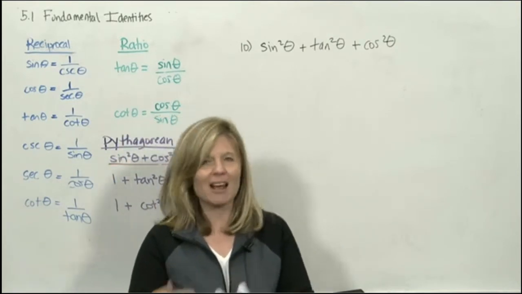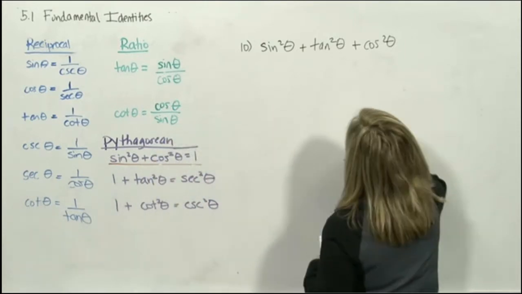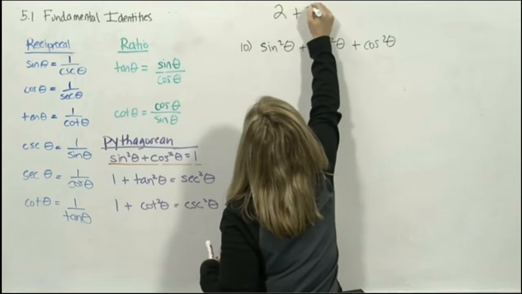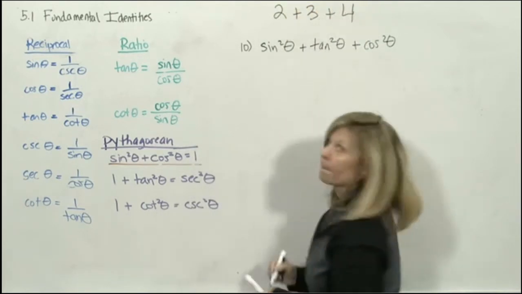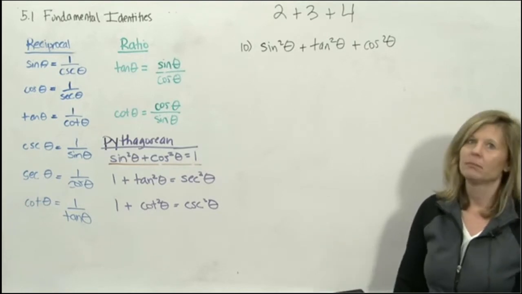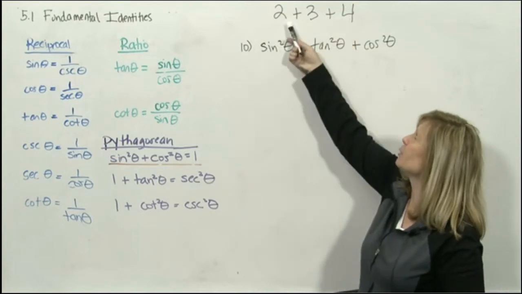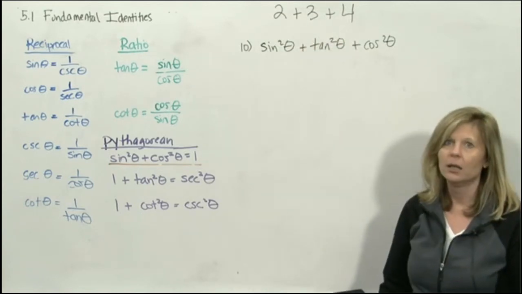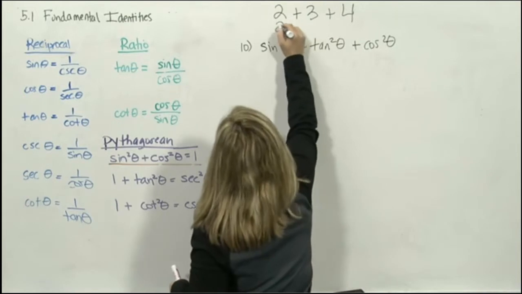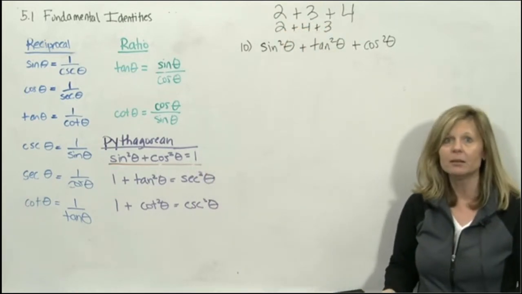You've got to realize everything we do in trig is related to arithmetic. If I wrote this on the board, 2 plus 3 plus 4, would you have to add those numbers in that order? Absolutely not. You could say 2 plus 3 plus 4, and you would get 5 plus 4 is 9. But can't you rewrite this and say 2 plus 4 plus 3, and it mean the same thing?